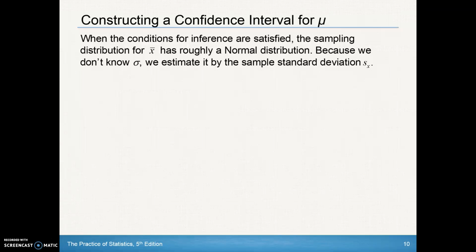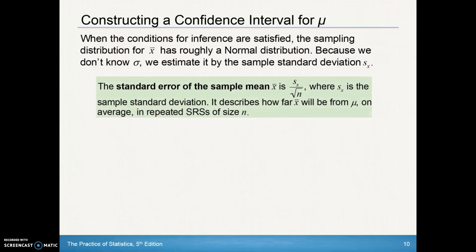Because we don't know sigma, we estimate it by the sample standard deviation S sub x. And that's what we learned in the last section. Again, this S sub x is no longer called the standard deviation. It is officially called the standard error.